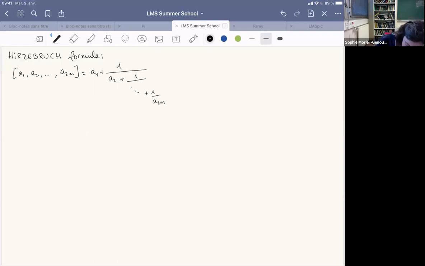This gives a rational number that I can also expand with another type of continued fraction, and so on, up to CK. And for this expansion, I write the sequence of C between double brackets. That's the notation for this fraction.